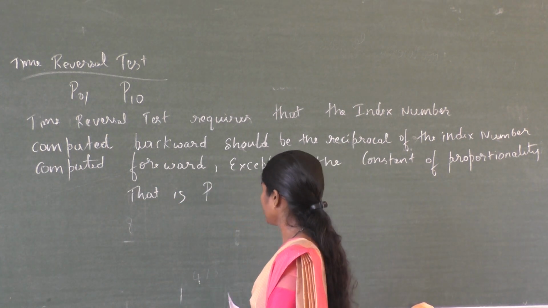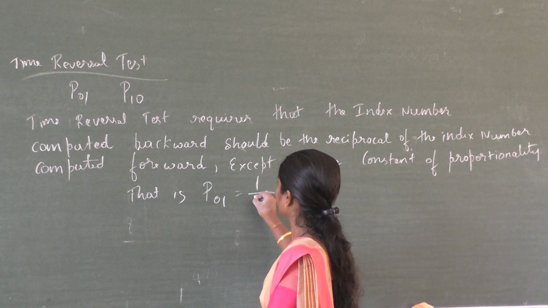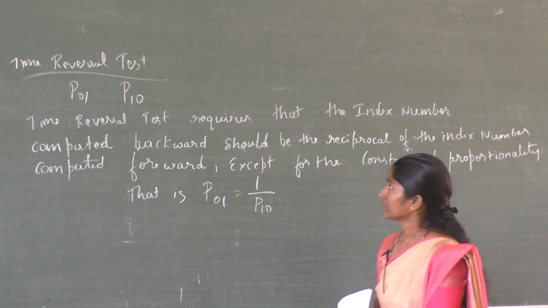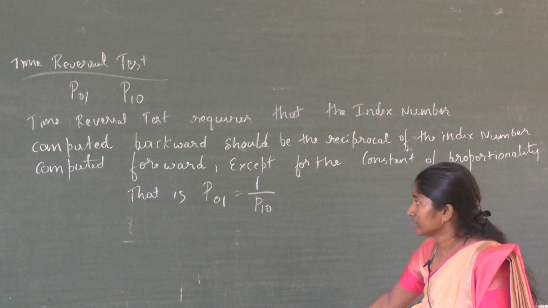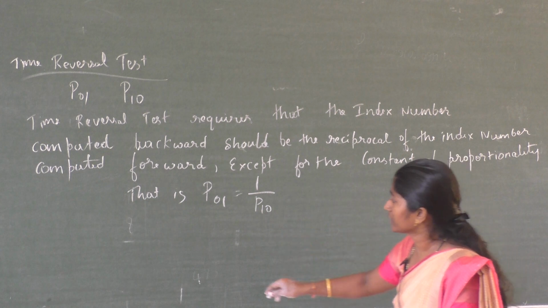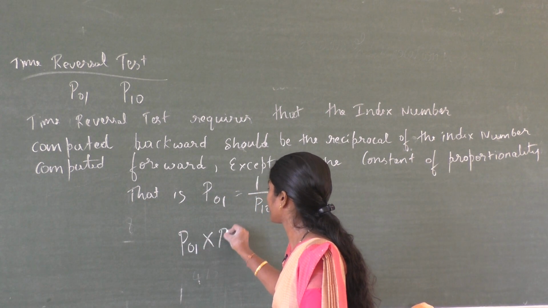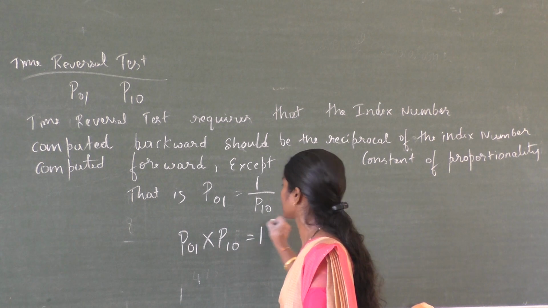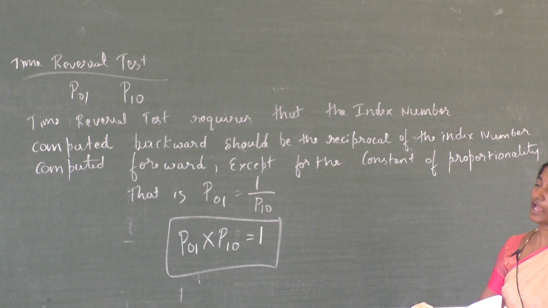Here P01 equals 1 by P10. This can be written as P01 into P10, that is always equal to 1. This one we are going to prove in the time reversal test.